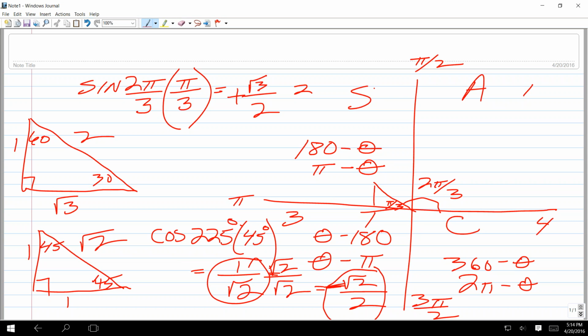In the second quadrant, it's only sine and cosecant that are positive. In the third quadrant, it's tangent and cotangent. And in the fourth quadrant, it's cosine and secant, because the reciprocal has to be the same sign as its reciprocal.